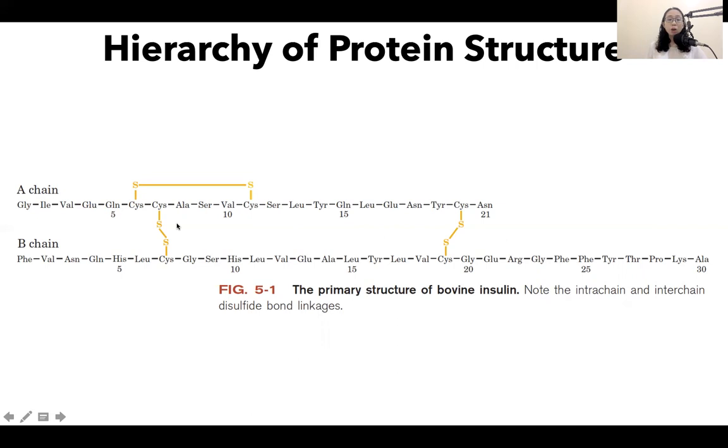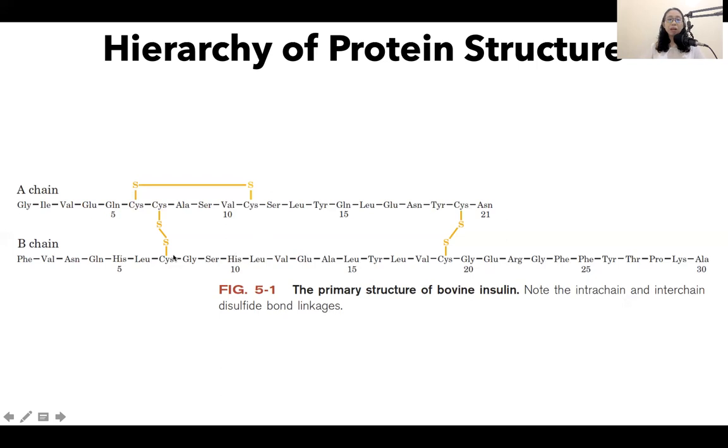In fact, in this representation, we also see the disulfide linkages. We see a disulfide linkage within the A chain, and we see two disulfide linkages between A chain and B chain.